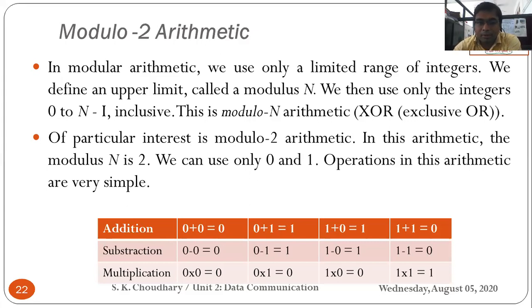We can perform addition, subtraction, and multiplication. In this table, which is very important, everyone note it down: how modulo 2 addition, subtraction, and multiplication are performed, because all of this depends upon binary number arithmetic.